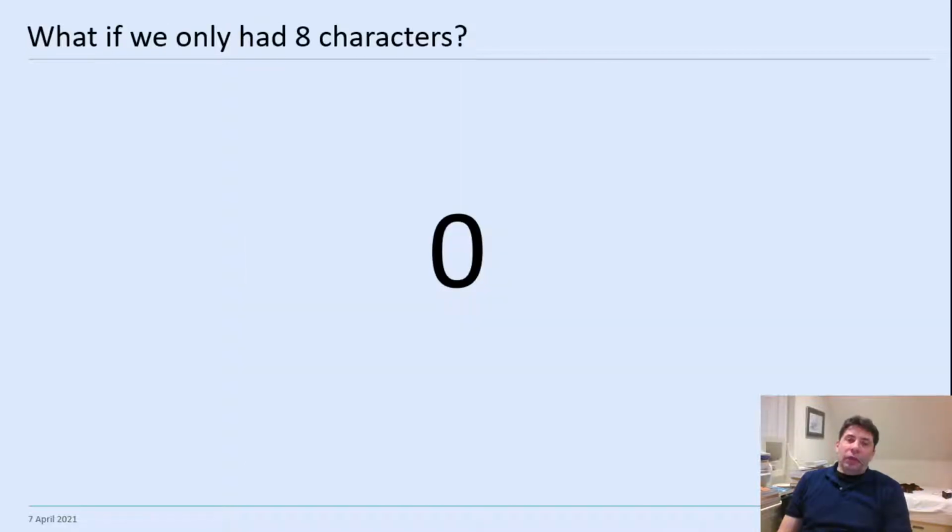So we have 10 characters or 10 digits. What if we had 8? So we'd have to go 0, 1, 2, 3. We get up to 7, and then we've run out of digits, so then we'd have to go 1, 0 for 8. 9. This, we've got a 7 in the 8s column, so that's worth 56.